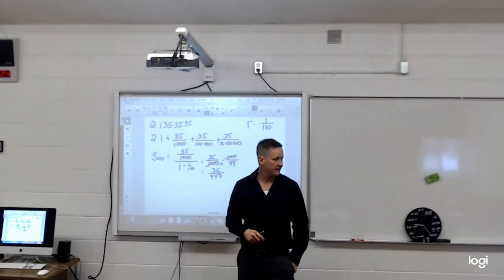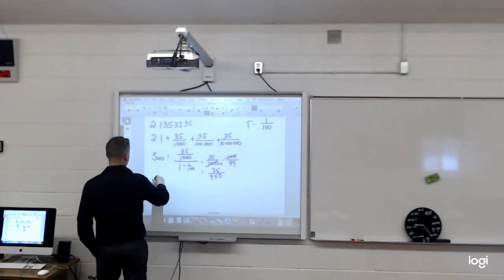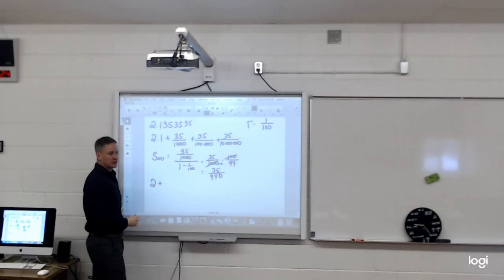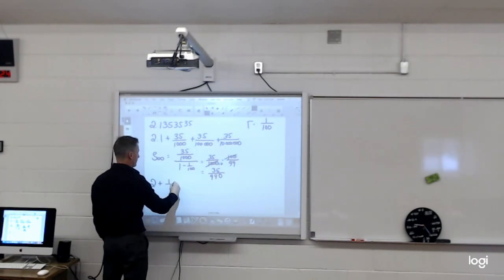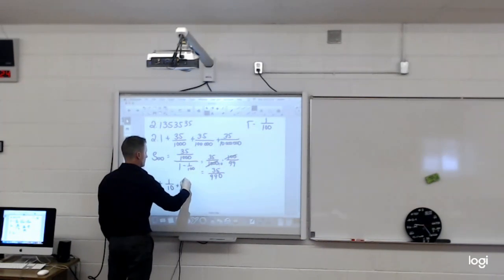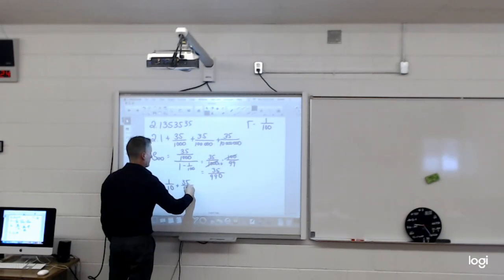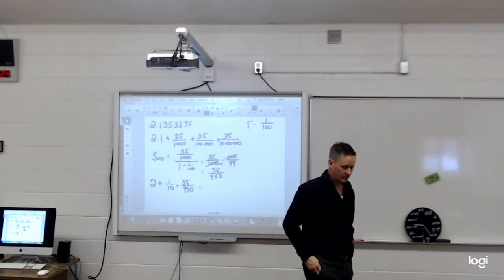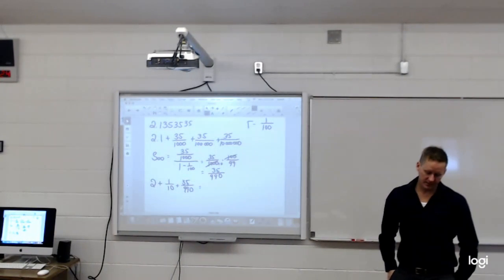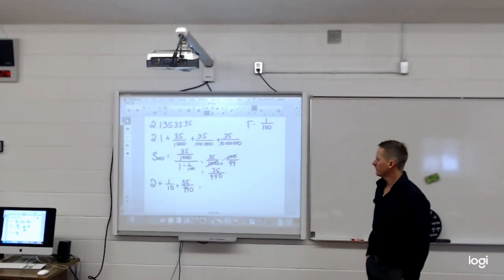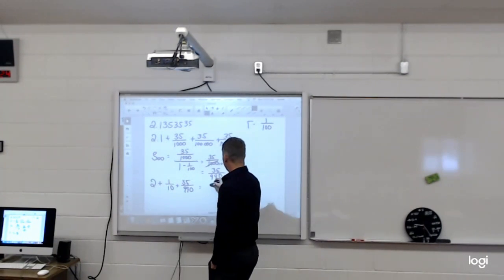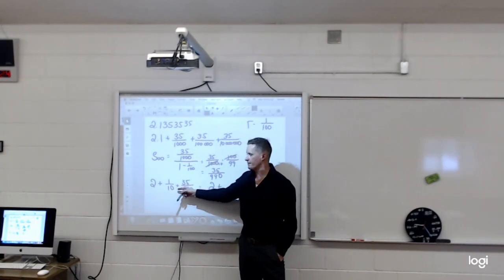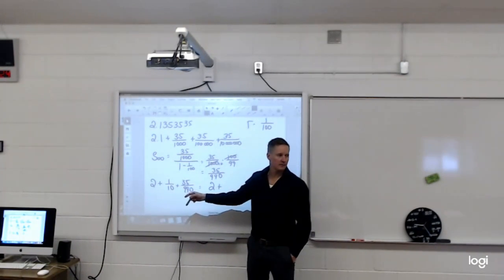So far we're okay. Now, I have 2 plus, so 1 we have to change to a fraction as well. So that's 1/10 plus 35 over 990, which is going to give me 2 plus, I need a common denominator. What do I times 10 by to get to 990? 99.